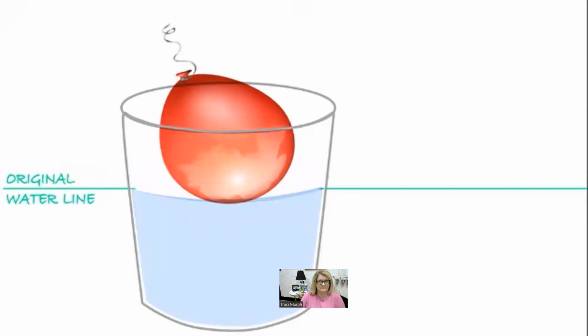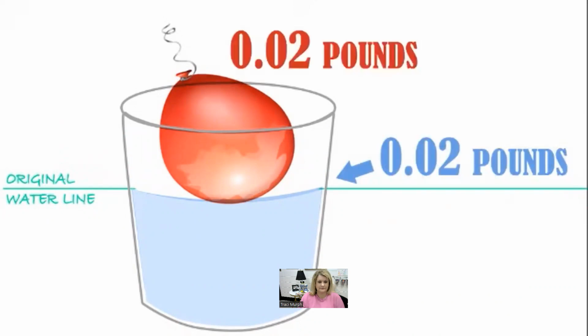Now the balloon is floating on top. Or is it? The balloon doesn't weigh much, but it does weigh something. If you look closely, you'll see it's displaced just a little water. The water it displaced weighs the same as the balloon.